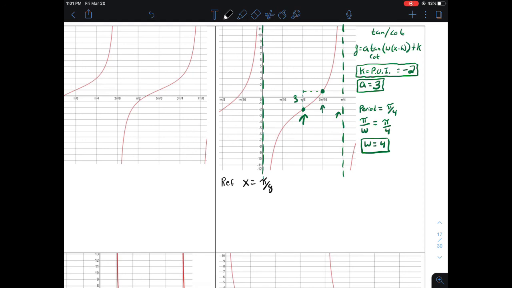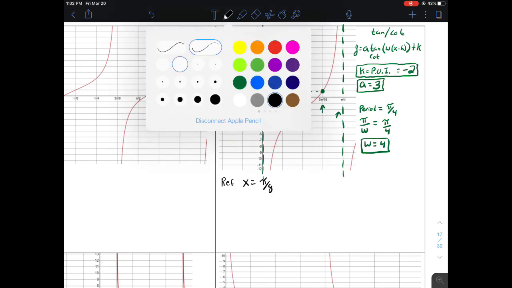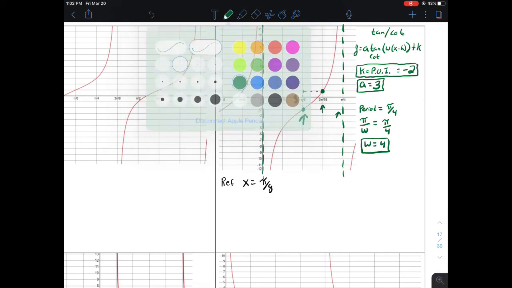To answer that, just ask yourself, what's tangent of 0? Tangent of 0 is 0, so tangent of 0 is defined. Cotangent of 0 is undefined. So cotangent would not be the function of choice to model off of a point of inflection. In fact, cotangent has to be based on a vertical asymptote. So for pi over 8, we have to use tangent.